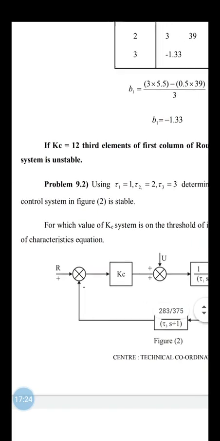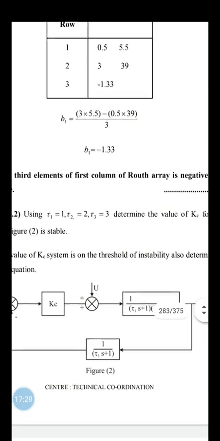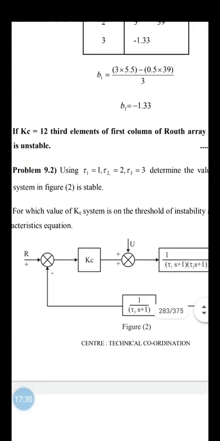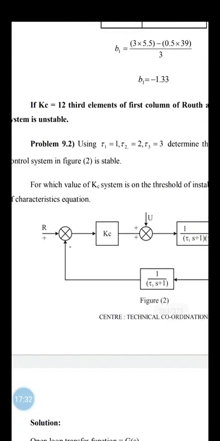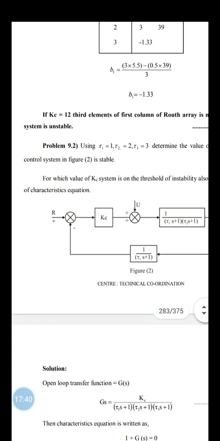So if Kc is equal to 12, the third element of the first column of the Routh array is negative, therefore the system is unstable. So this is how you can solve any equation related to the Routh-Hurwitz test, so that you will get the stability characteristics.